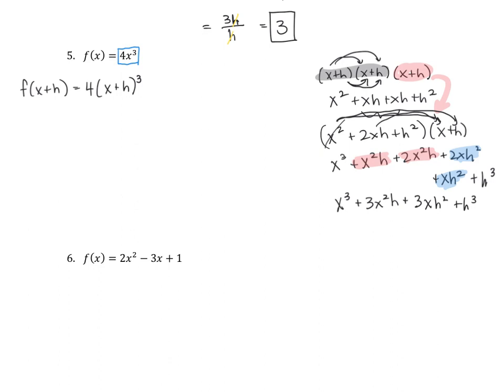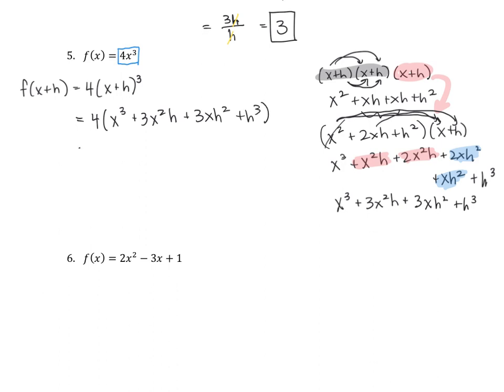Okay, so that was a lot, right? So now I have 4 times what I just got. So x cubed plus 3x squared h plus 3xh squared plus h cubed.